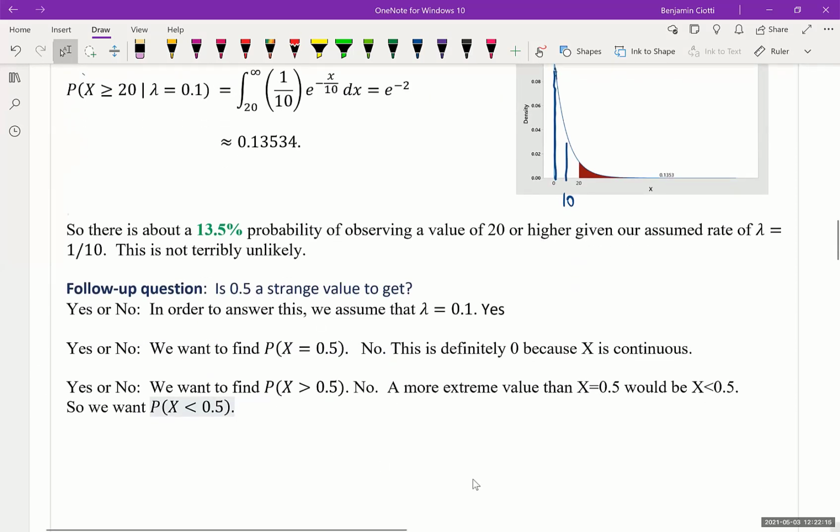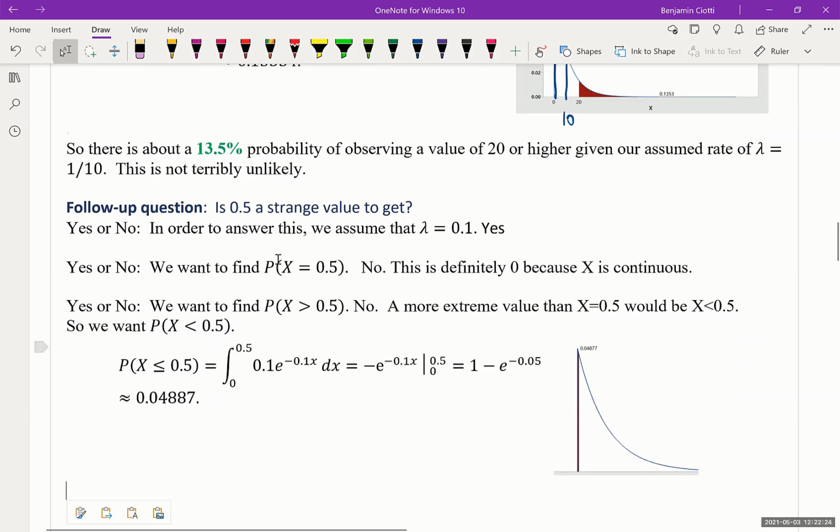And here, you know what, I actually already did this calculation. So here we go. The probability that x is less than or equal, we can include 0.5 if we want, will be the integral from 0 to 0.5 of the exponential density.